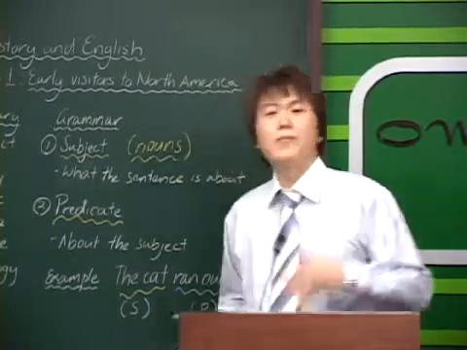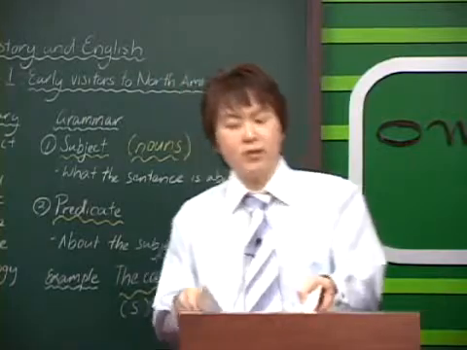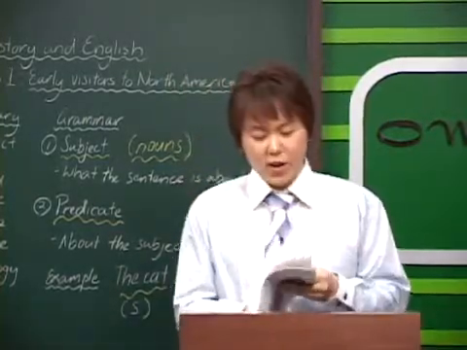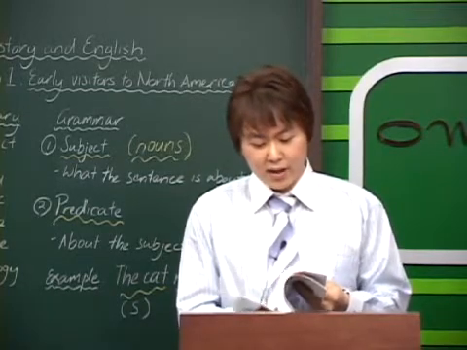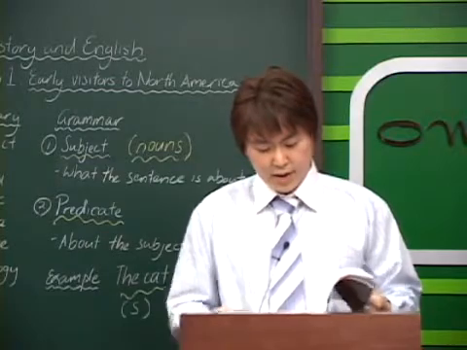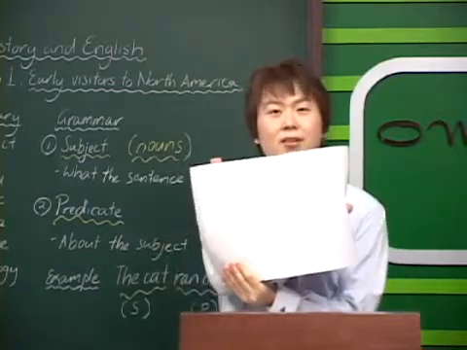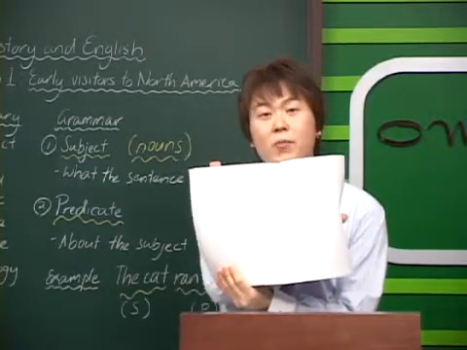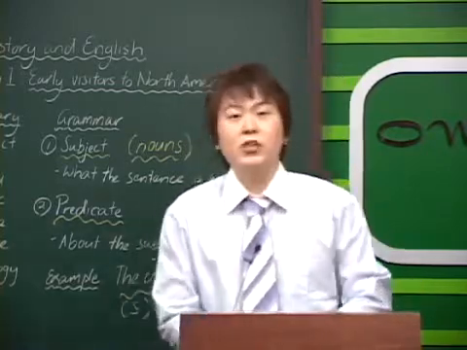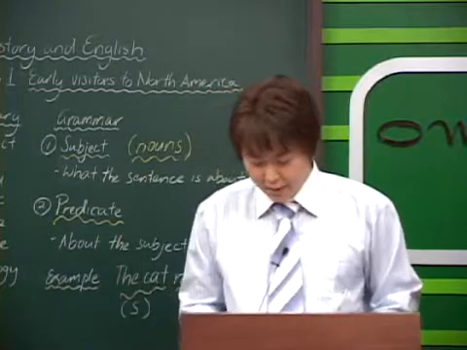Now, if you look at the back of your reader, as I said, this book, if you turn to the very back, you have what is called an English manual. Let me just get the front page. Here we go, English manual. For every grammar point that you see in each of your lessons, please refer to your English manual.